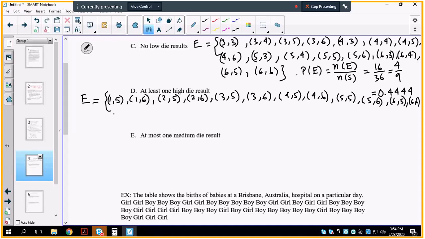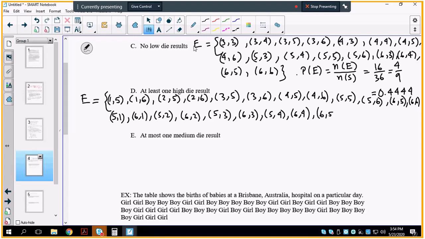So now 5,1 is a good option, 6,1, 5,2, and see all I'm doing is flipping the ordered pairs. 6,2; 5,3; 6,3; 5,4; 6,4; 5,5, if I flip it I get the same thing, so I'm skipping it. 6,5 is already there, and 6,6 is already there too, so that's it. These are all my possible outcomes.